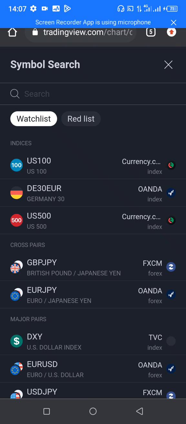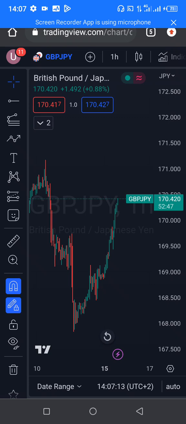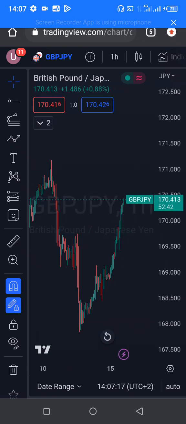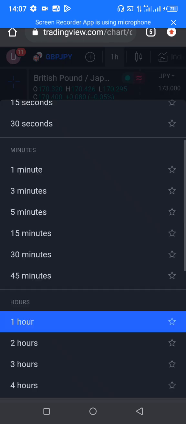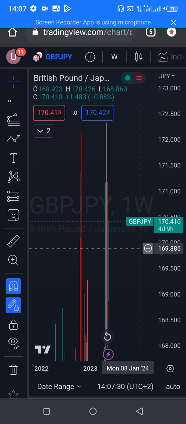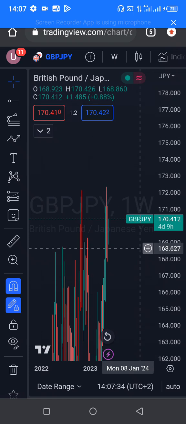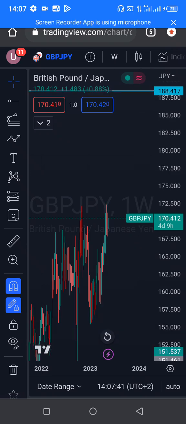Okay, let's go to GJ. Going for GJ. So GJ, let's go to our weekly time frame. So the thing is, all the yen pairs, EJ, GJ, UJ, they all have the same trend.